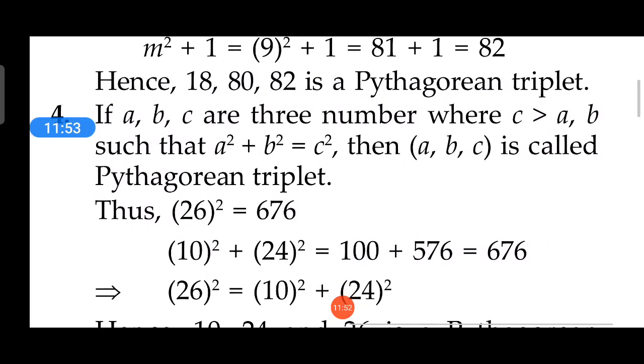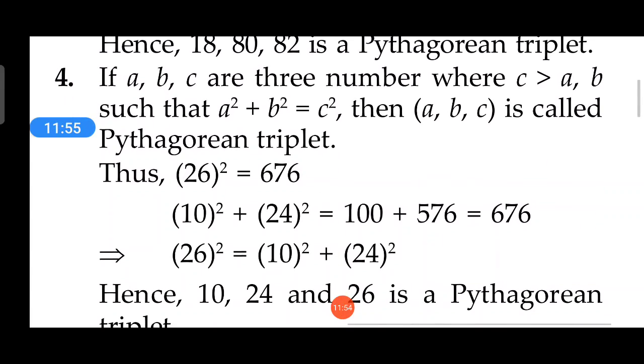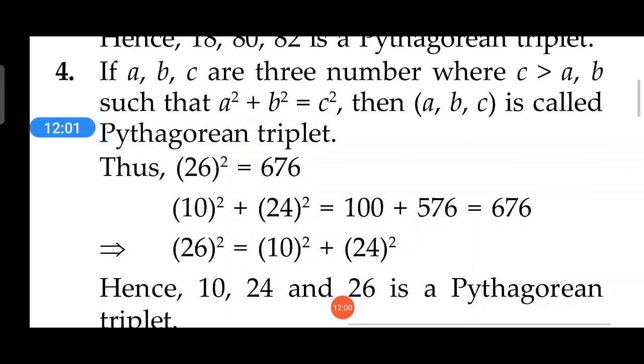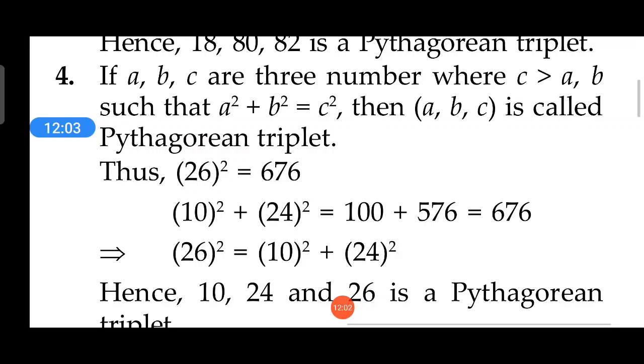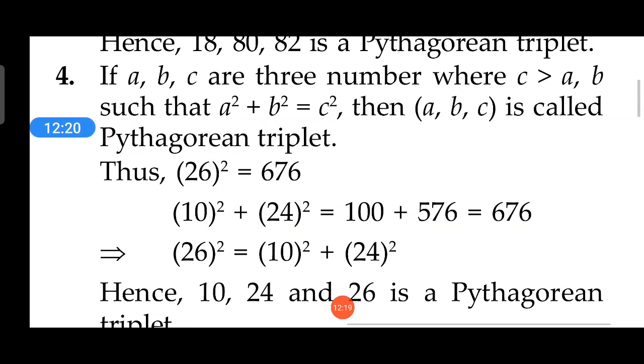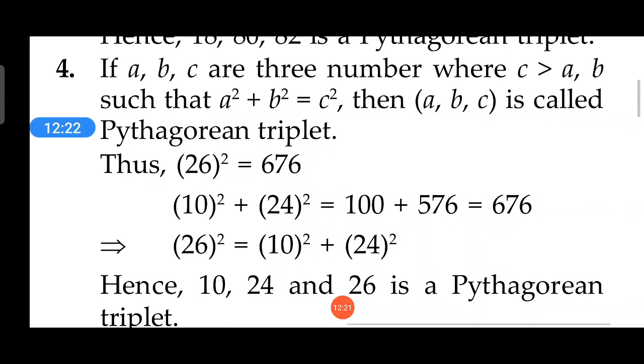Now the last question in this exercise 3.2: is 10, 24 and 26 a Pythagorean triplet? Here, if a, b, c are three numbers where c is greater than a and b such that a square plus b square is equal to c square, then a, b, c is called a Pythagorean triplet.